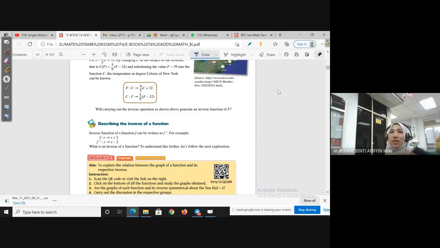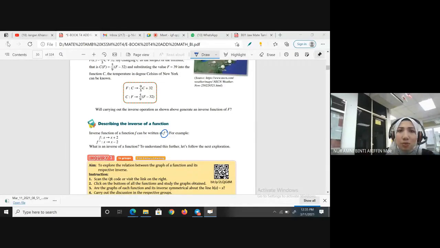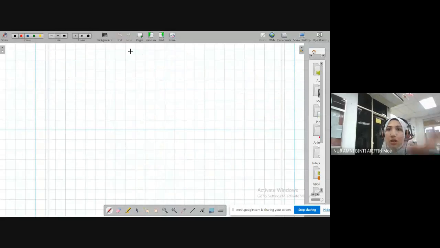Kalau dalam dia punya explanation in your textbook, inverse function of a function f can be written as f index -1. Kalau nampak f index -1 ni, ini we call as an inverse function for f. For example, fx equal to x plus 2, and then what is the inverse function? Inverse function of x plus 2 is x minus 2. Okay, saya tak nak refer sangat punya buku sebab terlalu banyak, a lot of sentence dekat situ.